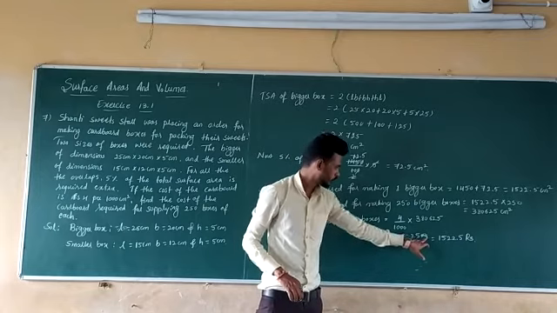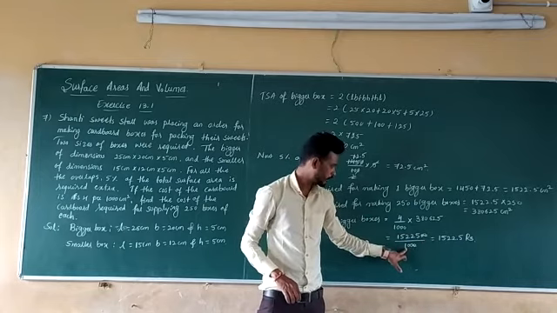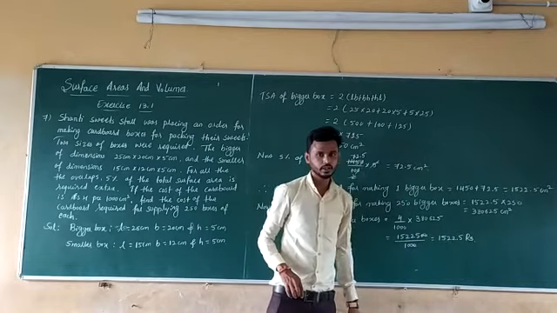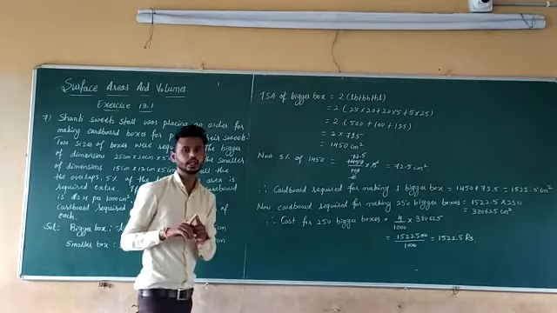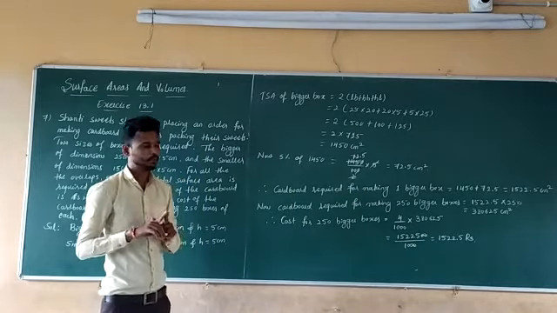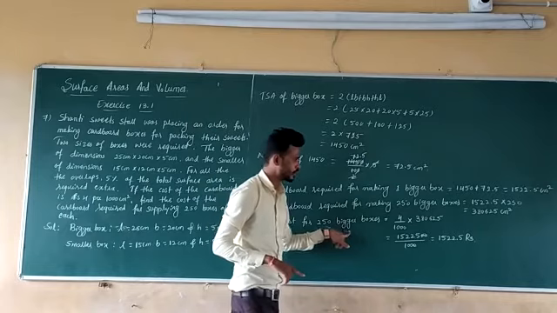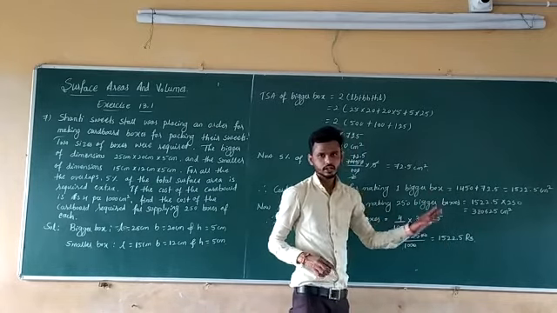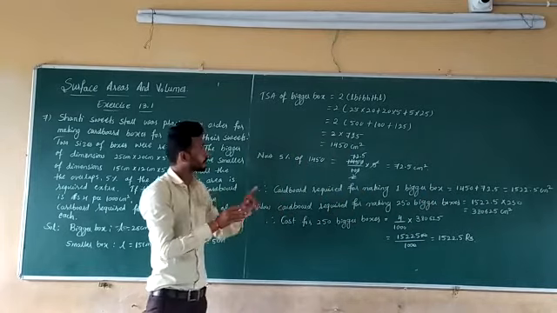Divided by 1000, the zeros get cancelled. So divided by 10 means you will get 1,522.5 rupees. This is for making 250 bigger boxes. It will cost 1,522.5 rupees.